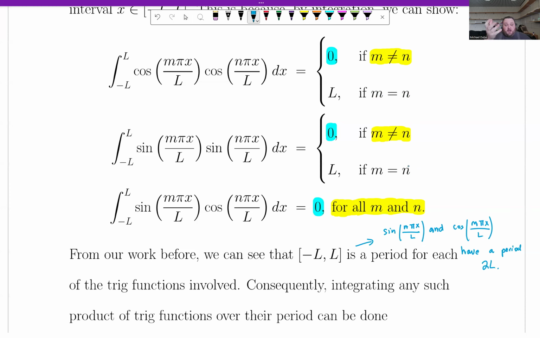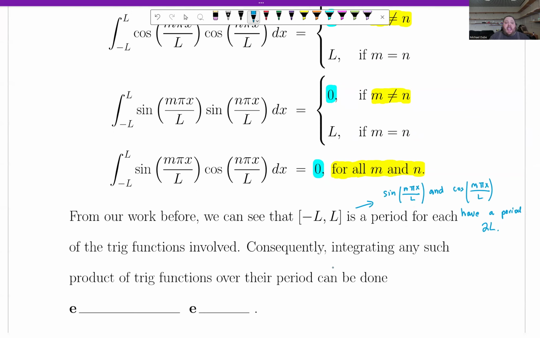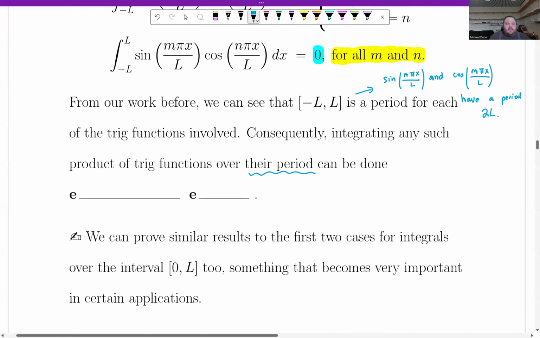So that means our interval from -L to L encompasses an entire period of those functions. Consequently, integrating any such product of trig functions over their period, this is key, can be done extremely easily.